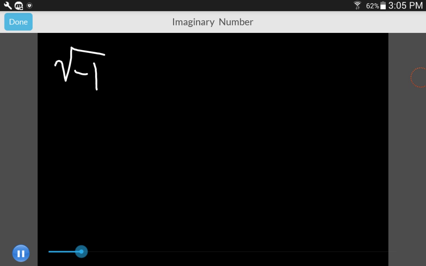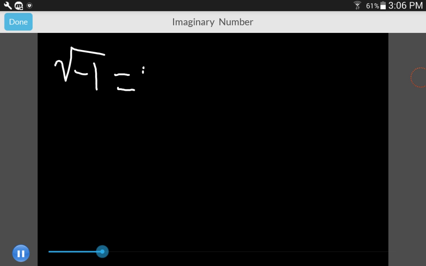Now, since the square root is basically something times itself, what's the square root of a negative? Well, people can say it's undefined, but Descartes said it's an imaginary number.